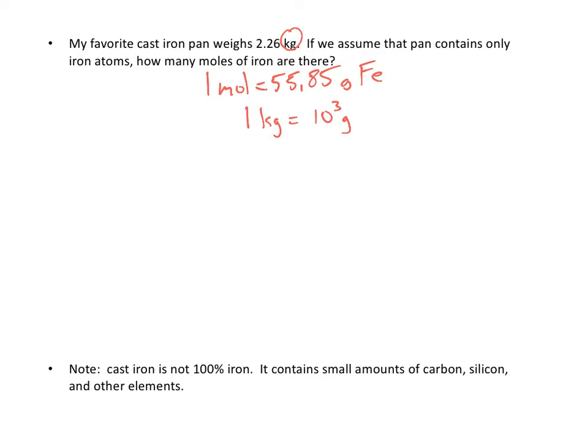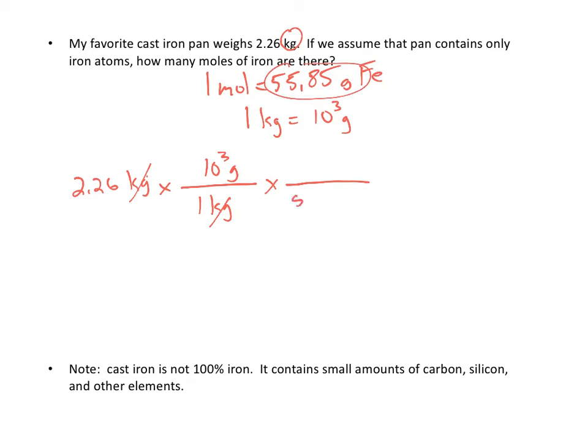Alright, so I'll take my 2.26 kilograms, and then I want that kilogram to go away. So I'll put 1 kilogram on the bottom, so then 10 to the 3rd grams will go on top. My kilograms cancel. And so then I want the grams to go away, so here's my other grams.